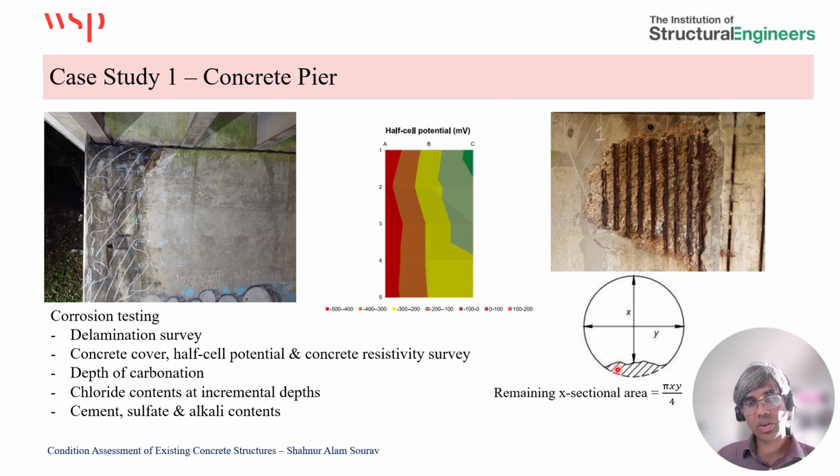So if we take this y value, it will not provide any information on whether that particular reinforcement has a section loss or not. In order to get a full picture of how much section that reinforcement has lost, we need to take this measurement x as well, and this is how we can calculate the remaining area of that particular reinforcement.